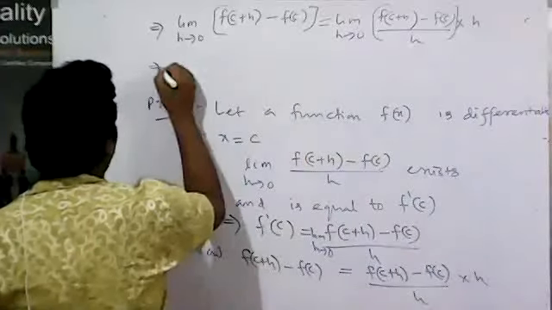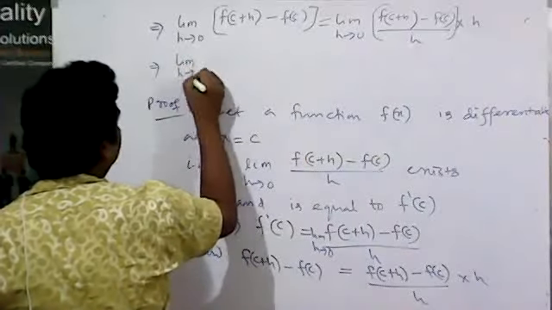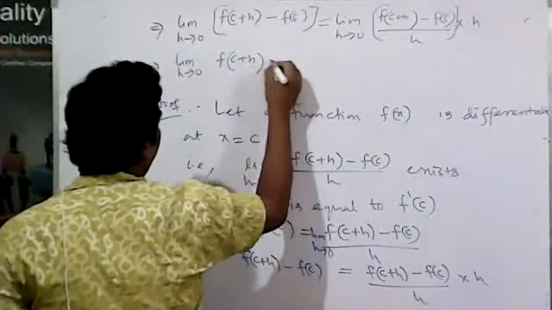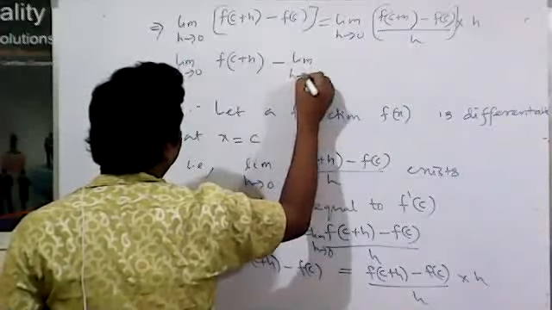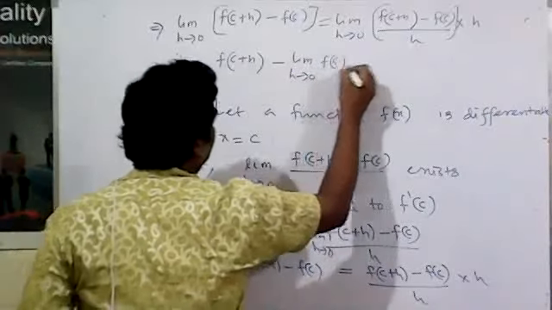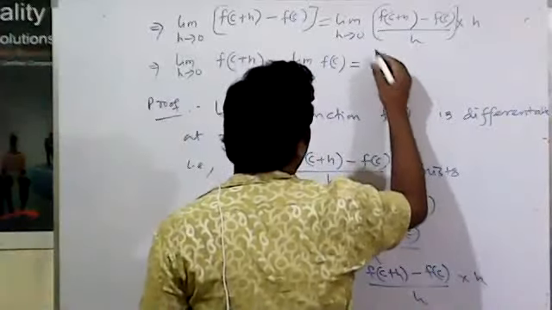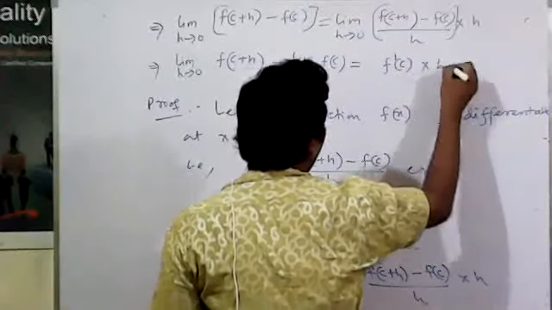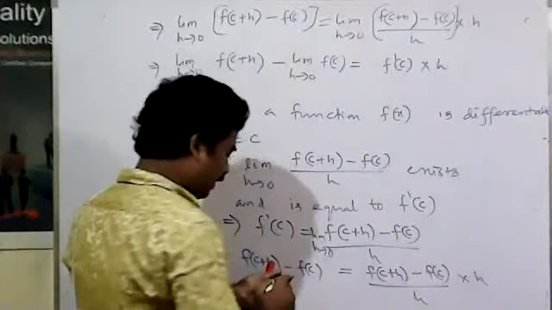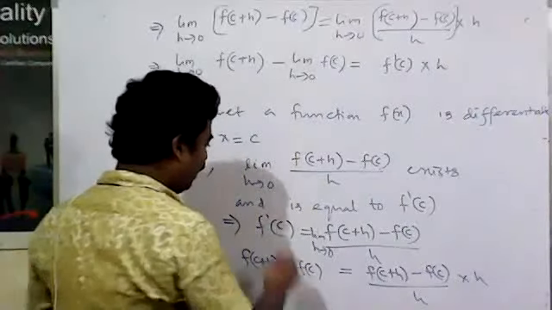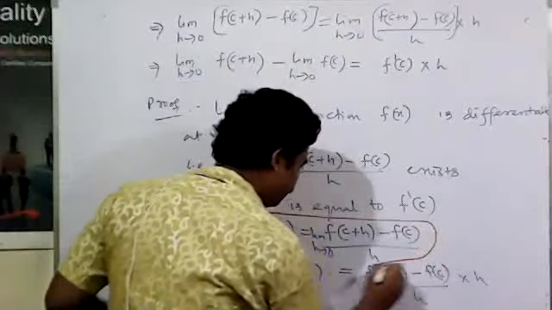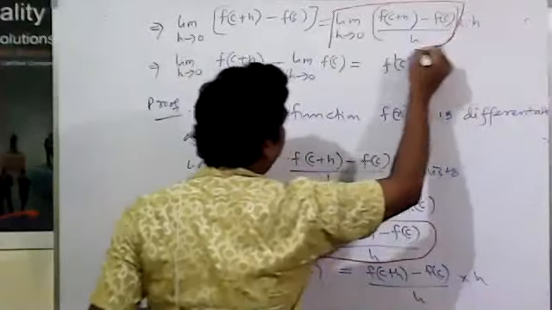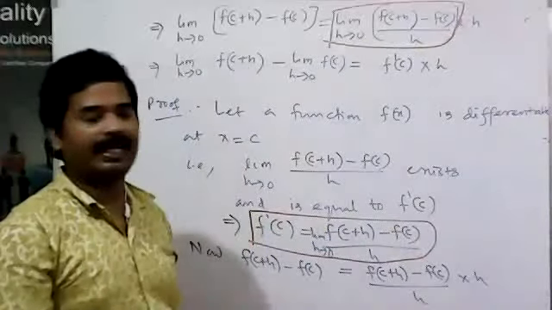So that value comes: limit h tends to 0 of f(c plus h) minus limit h tends to 0 of f(c), which is equal to f dash c into h. Why is it f dash c? F dash c is equal to the limit h tends to 0 of f(c plus h) minus f(c) by h.